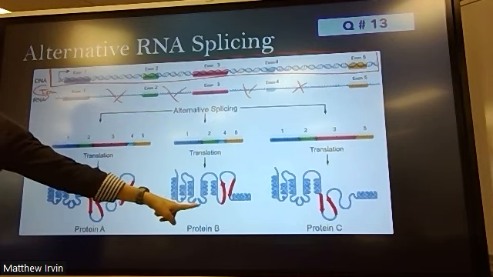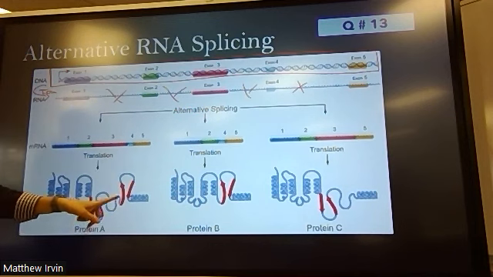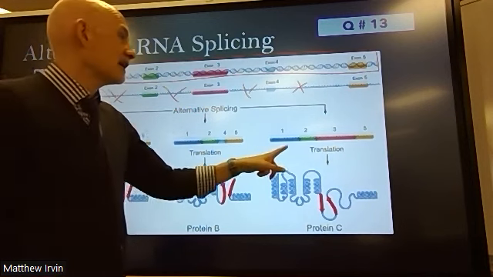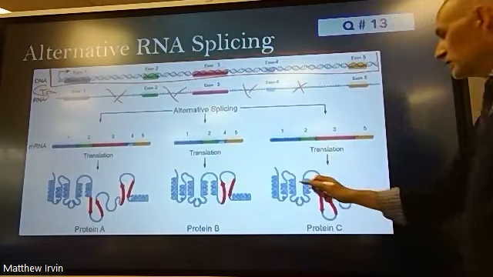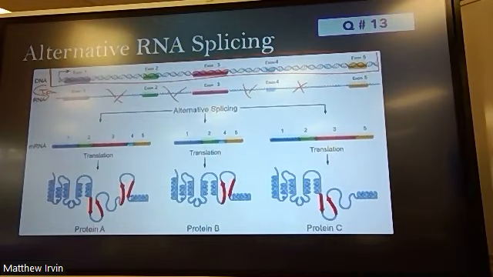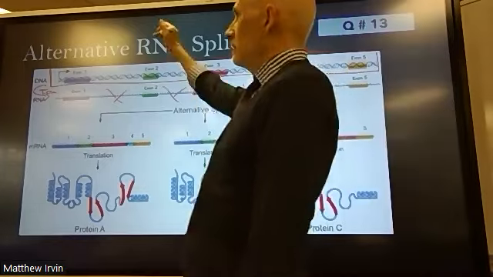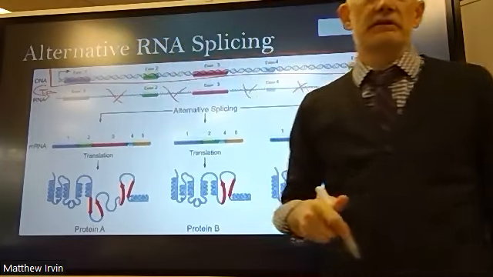And so we get a different protein, very similar, but slightly different. And then if we cut out a different exon, we get a third protein. So what this tells us is that we can sometimes get multiple proteins from the same gene, depending on alternative RNA splicing.